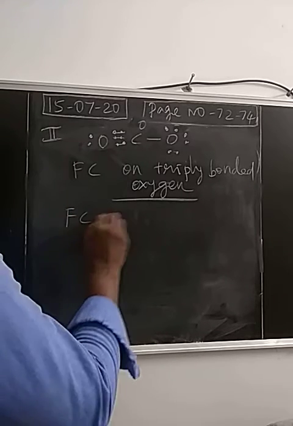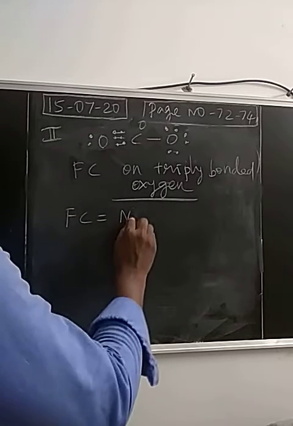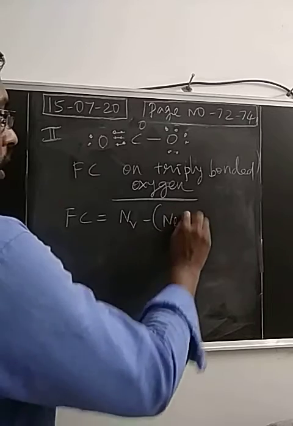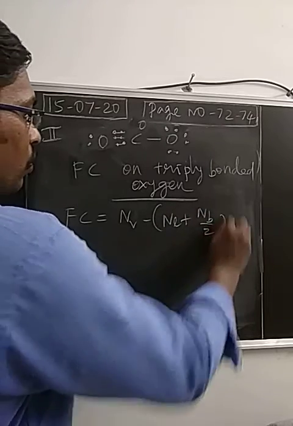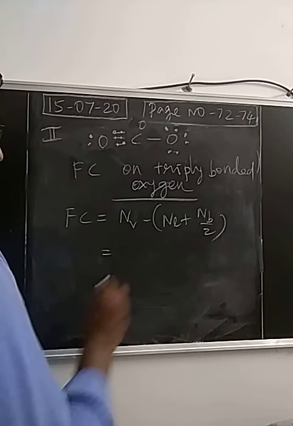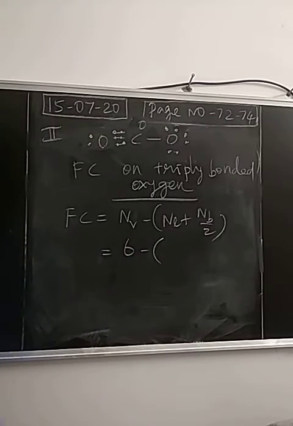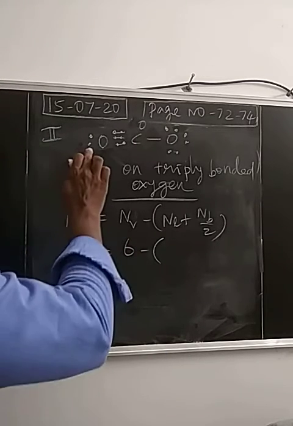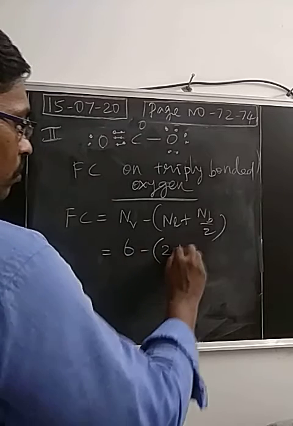So formal charge is equal to Nv minus Nl plus Nb by 2. Number of valence electrons of oxygen in its isolated state is 6. Number of electrons present as lone pair, only 2 electrons.